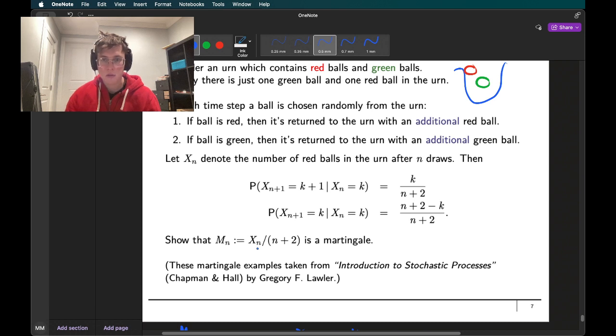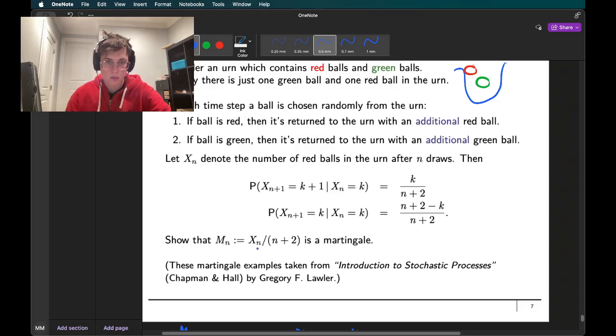So then after a little bit of manipulation, we can just do that. Then that cancels out. We end up with k over n+2, which is exactly the value of Mn, right, from here, Xn over n+2, given that.